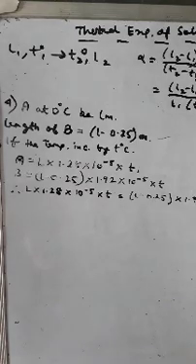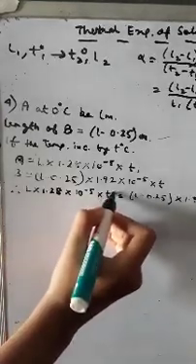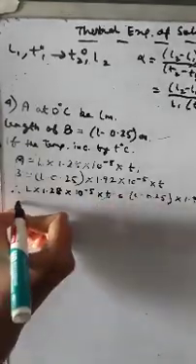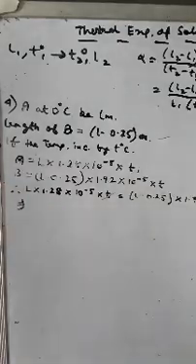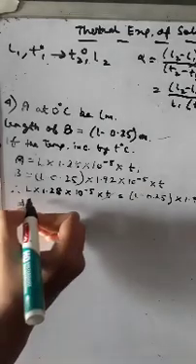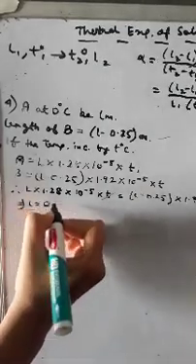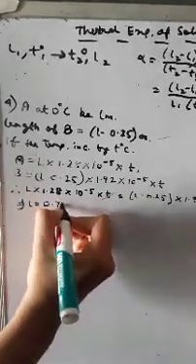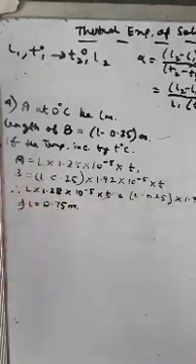Just find out, the T's will get cancelled from both sides. So you will be left with the value of L, and the length will come to 0.75 meters.